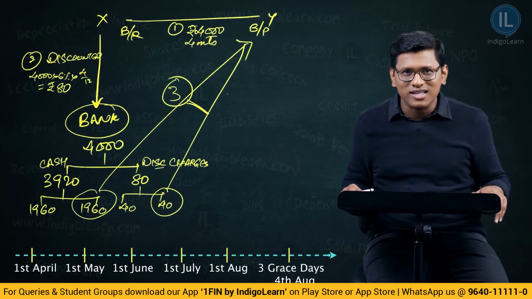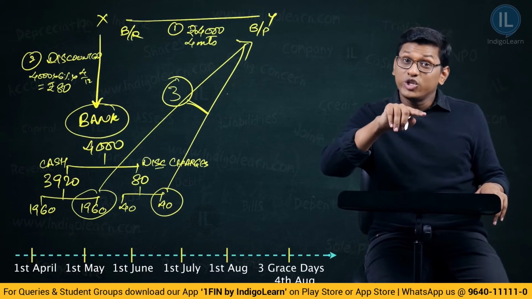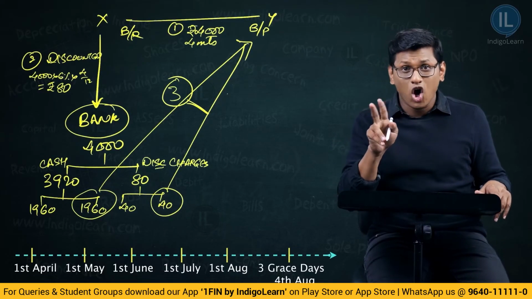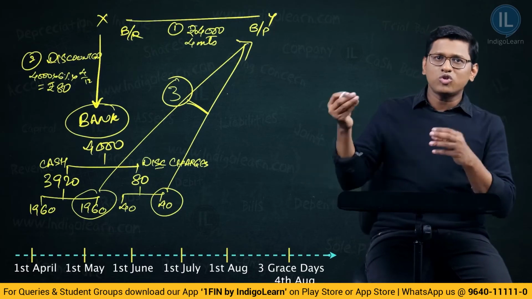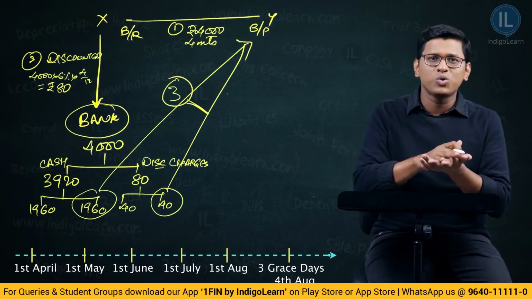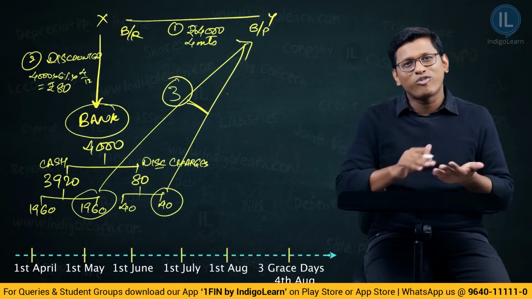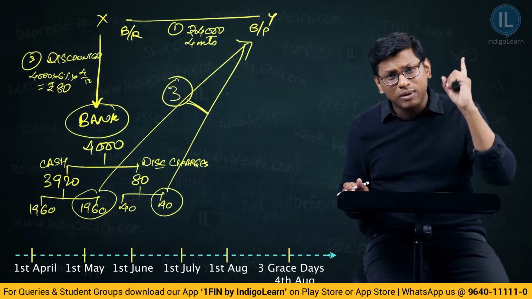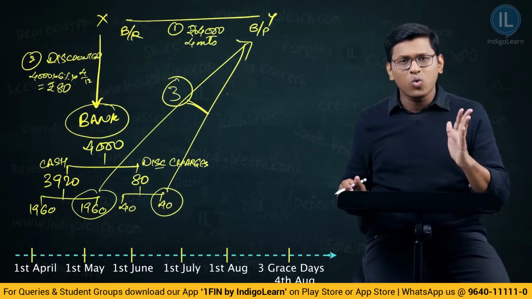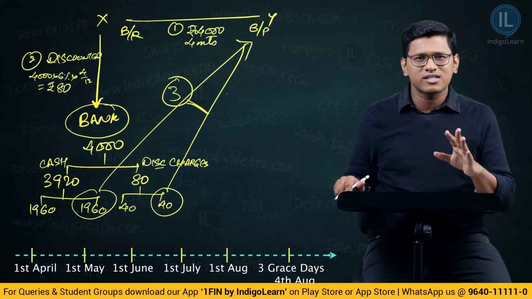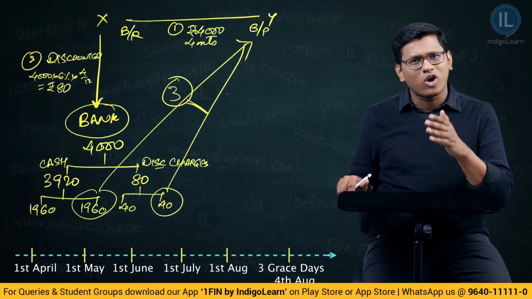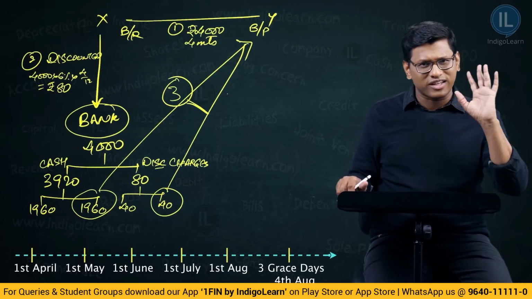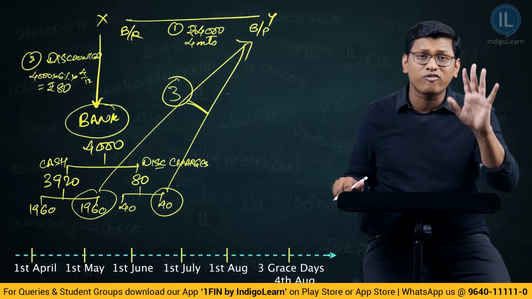Then what will Y ask X? Hey X, you should pay me 2,000 rupees on the due date. My 2,000 rupees I will put. Your 2,000 rupees you give. So that totally 4,000 rupees to bank we will clear off. I am repeating this conversation. Please concentrate carefully. Now we are on the due date. Because the bill was drawn on 1st of April, 4 months means we are considering 3 days of grace also. It is coming to 4th of August.